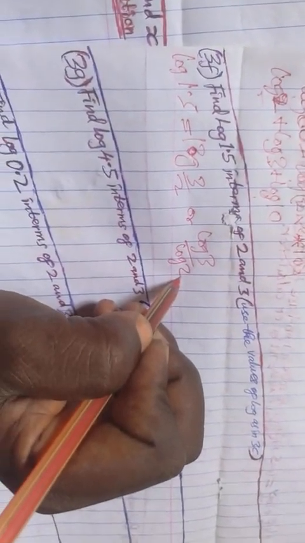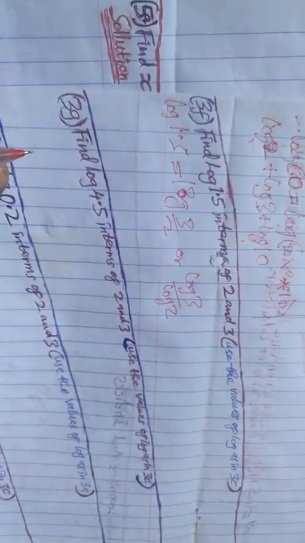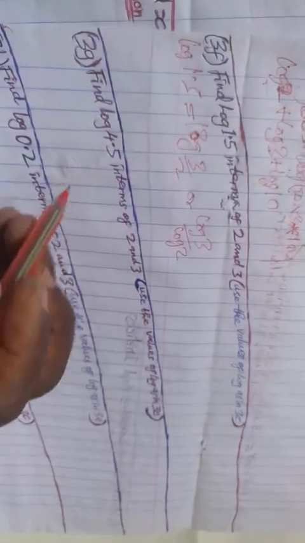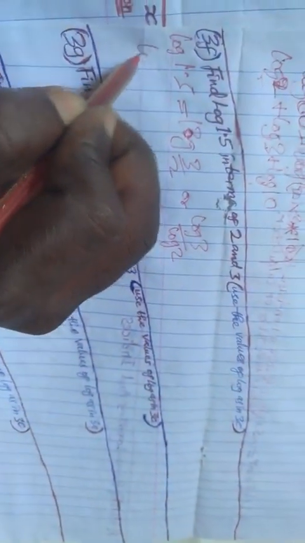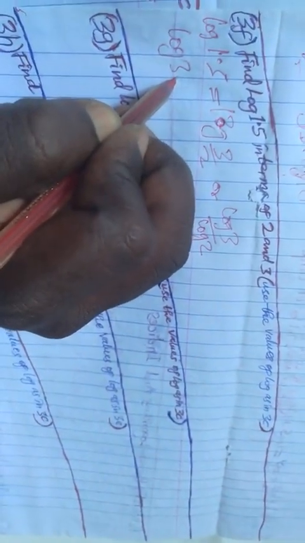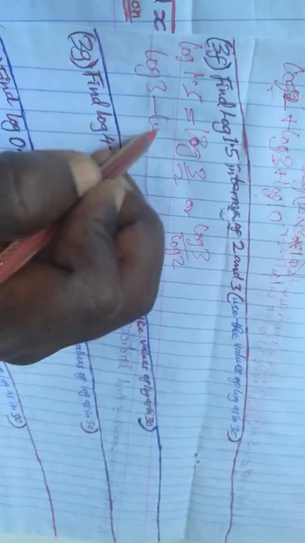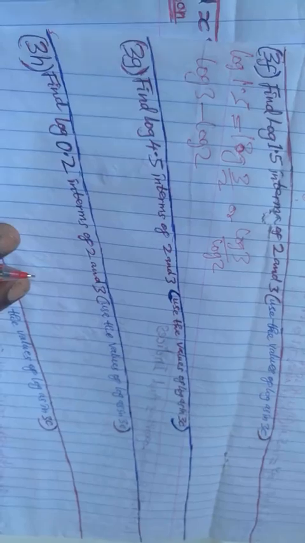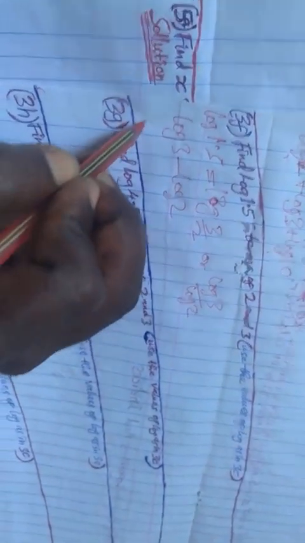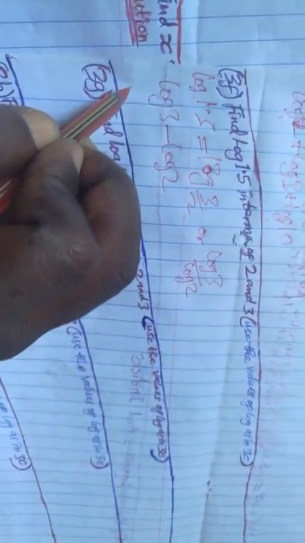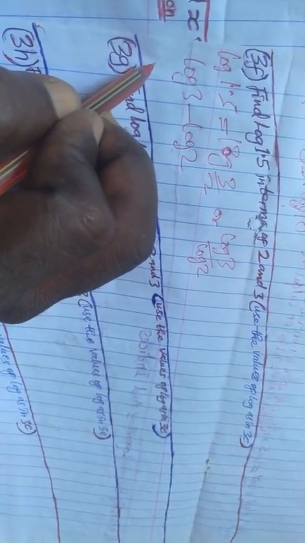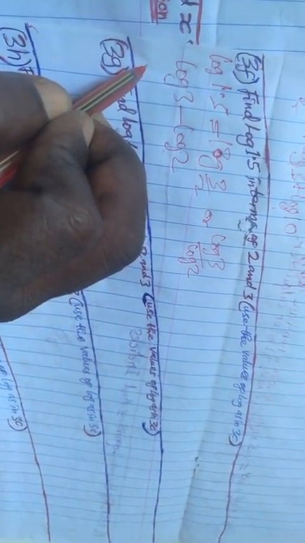Since we know that addition goes with multiplication and subtraction goes with division, this is log 3 minus log 2. Then we substitute with the decimal values given in the logs.